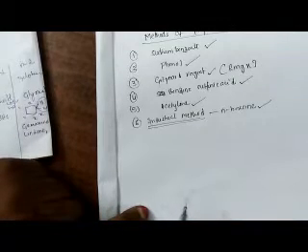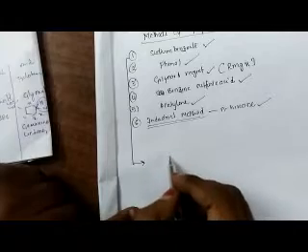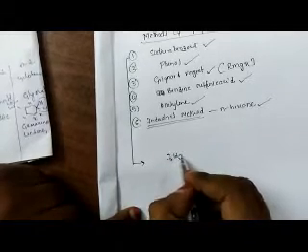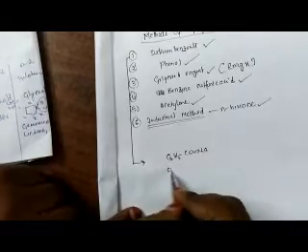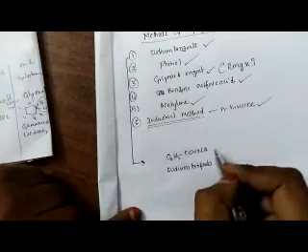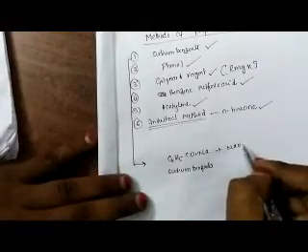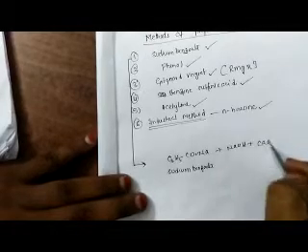So first we will discuss preparation of benzene from sodium benzoate. In this method we will treat C6H5COONa, which is called sodium benzoate, with NaOH and CaO, which is called lime.